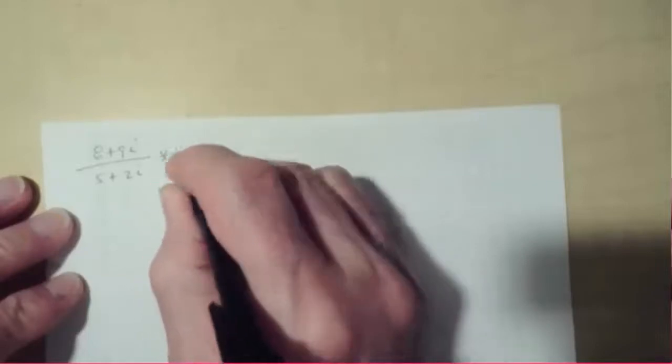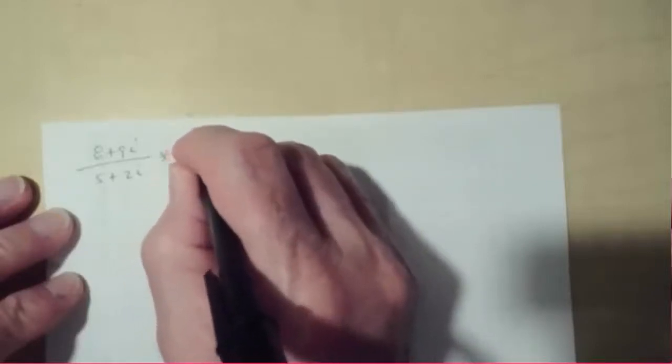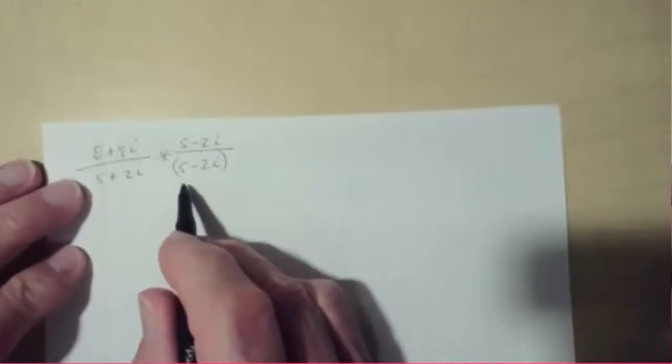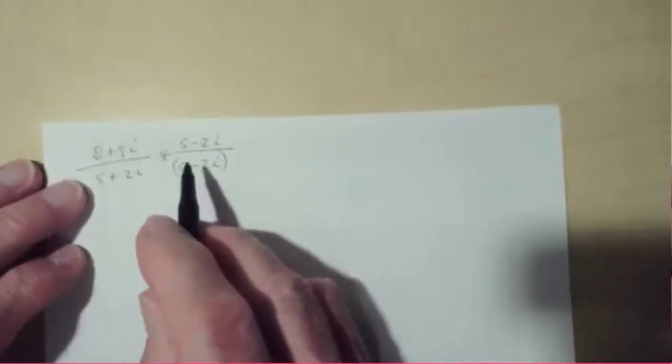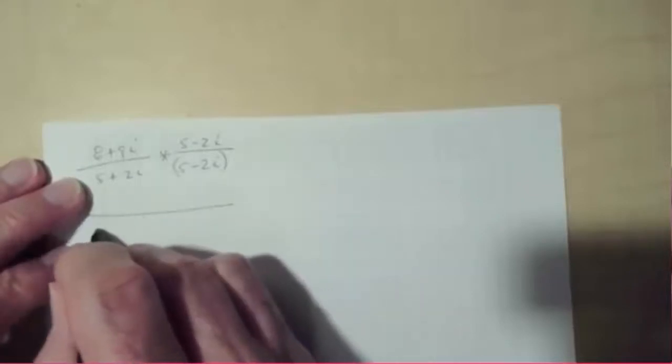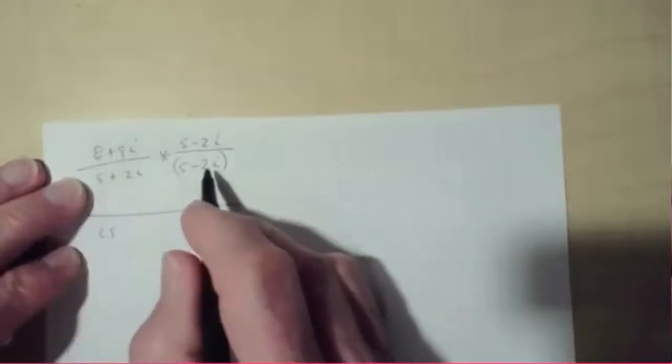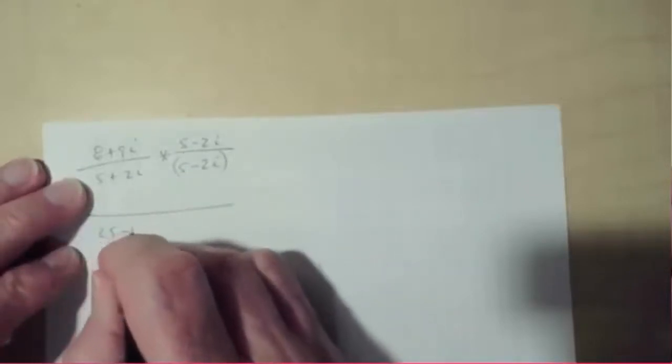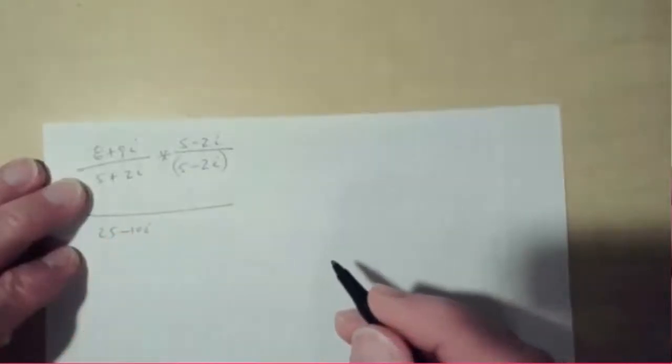We're going to multiply by the conjugate. Remember, the conjugate of this is going to be 5 minus 2i. Now look, I'm going to go ahead and do the distributive property out here so you can see how we're going to get rid of this.